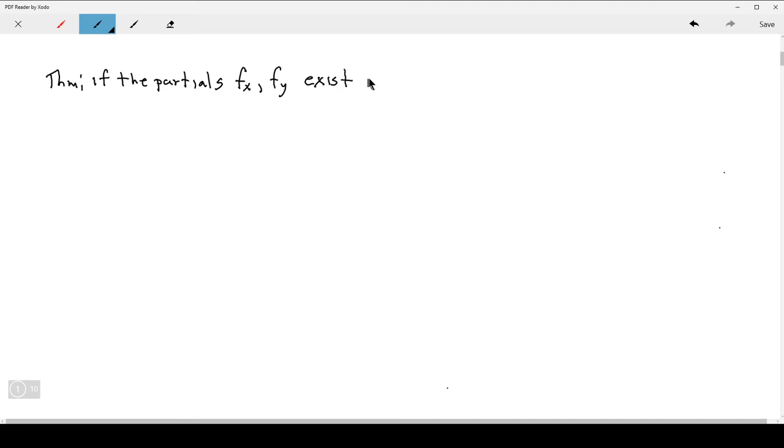Exist near a b. And they're continuous at a b. All right, then f is differentiable at a b.